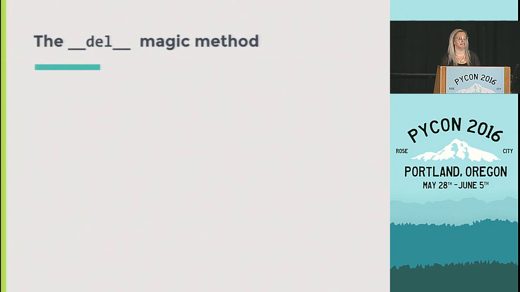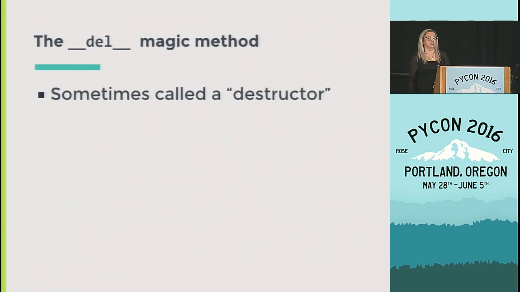Now, what is the dunder-del magic method? Sometimes it's called a destructor. It is not the del statement. So del x does not call the magic method dunder-del. The del statement decrements the reference count of x, or your object, by 1.